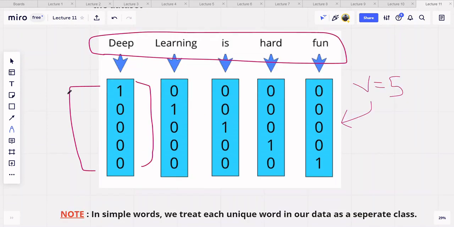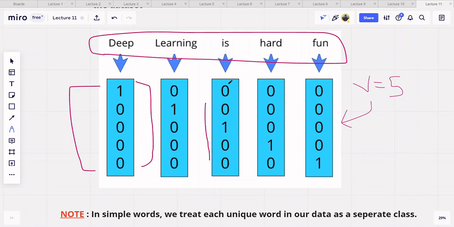So if we have hundreds of thousands of unique words, then our one hot vector will also contain thousands of numbers. And in order to represent just one small word, we would have to use this vector with thousands of numbers.